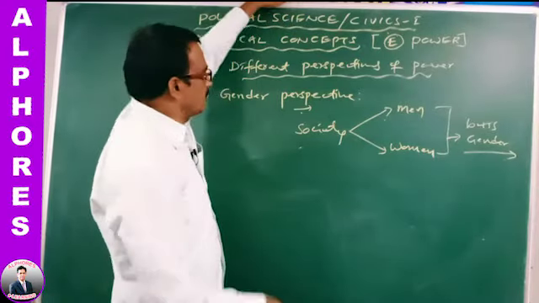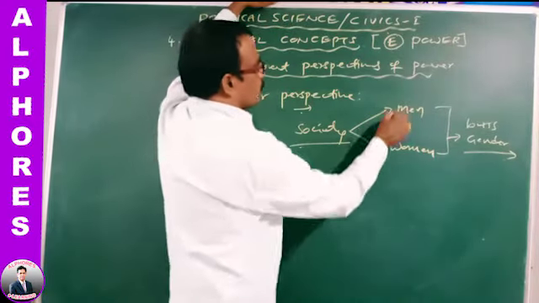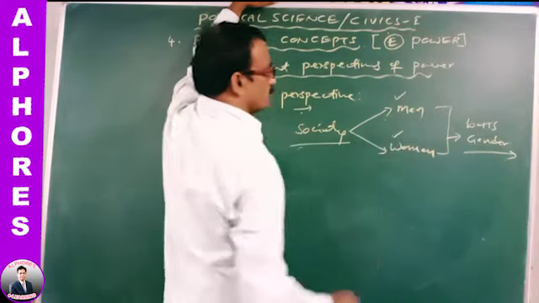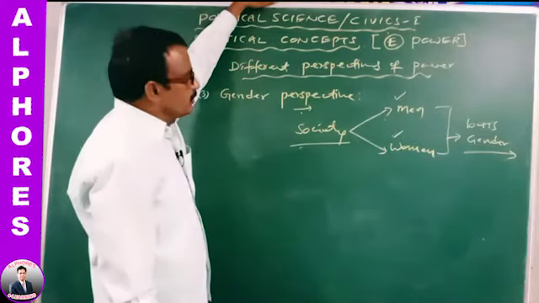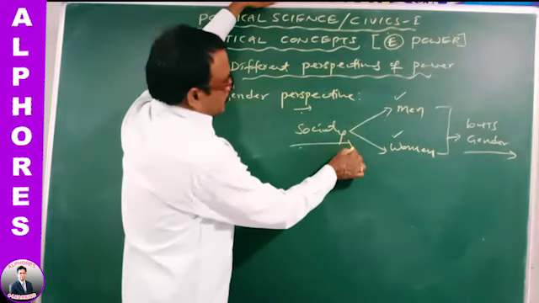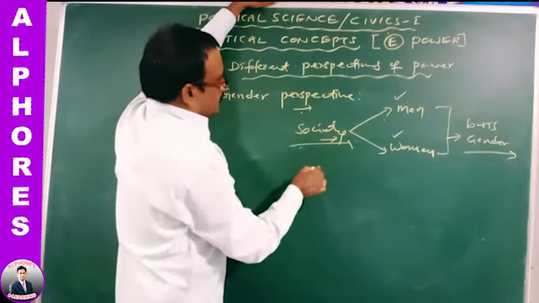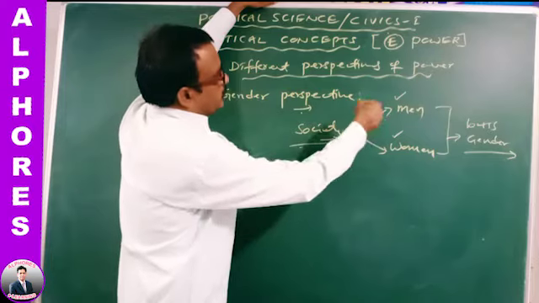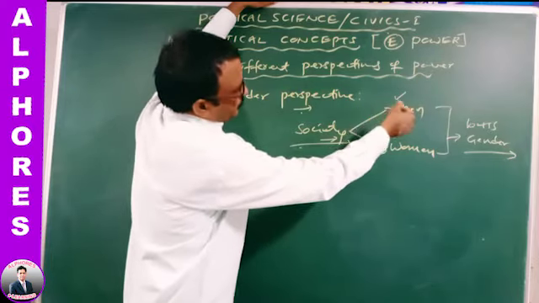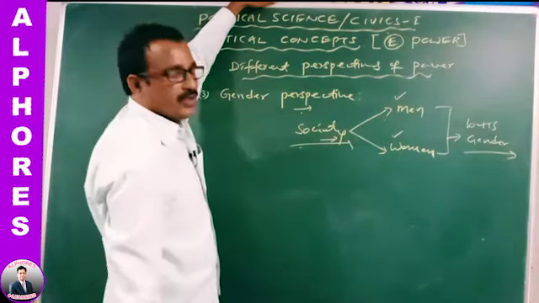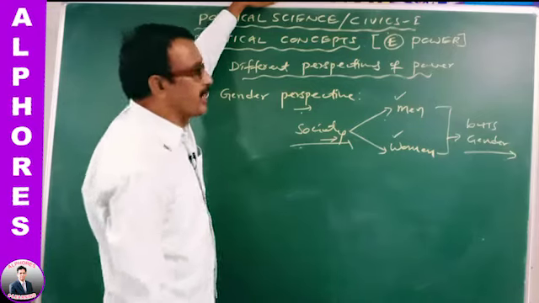Based on gender, society was divided into two groups, men and women. But the society is divided into men and women not by individuals. It is created by nature.